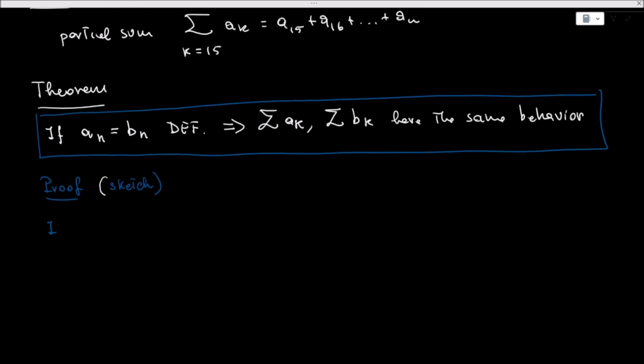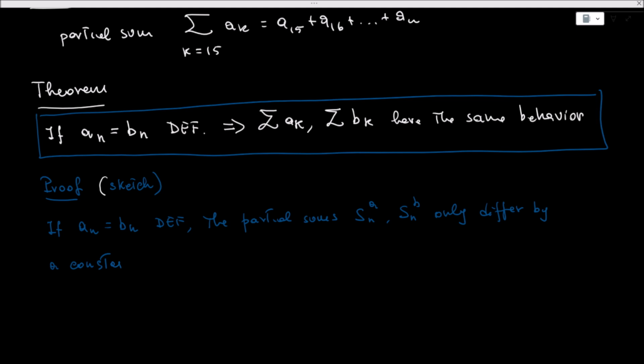If the two sequences an and bn are equal definitively, the partial sums Sna and Snb only differ by a constant, since we can only have a finite number of terms in each partial sum which is different.